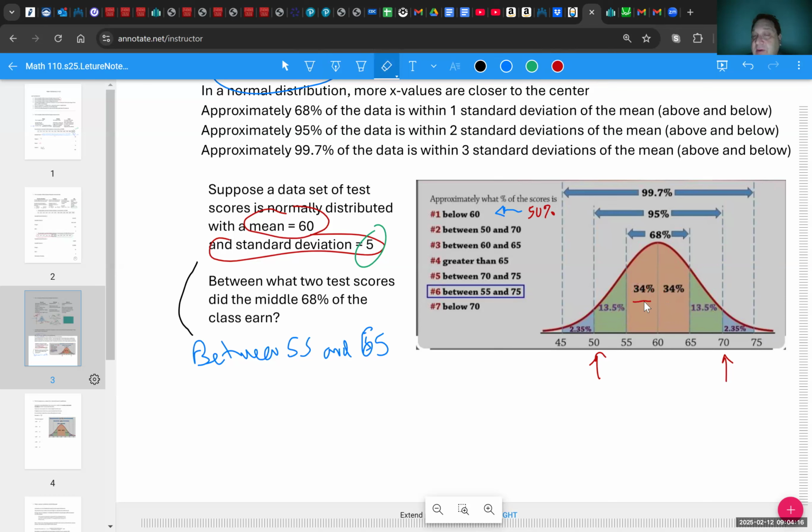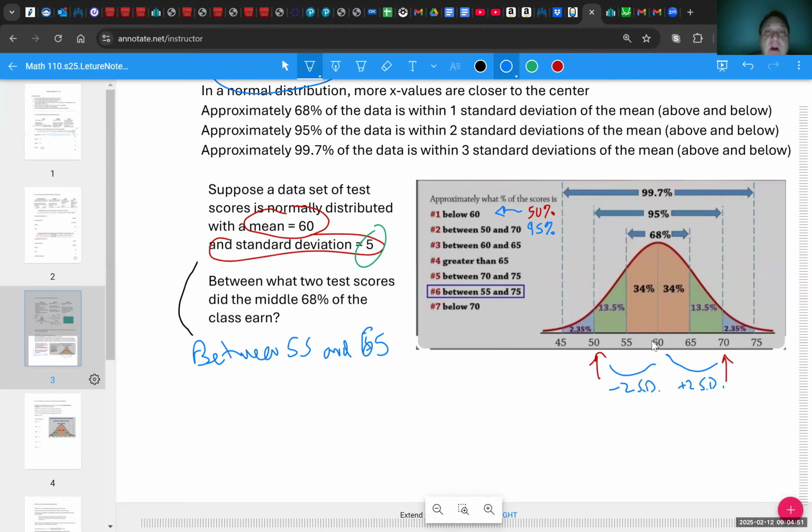But just like we knew that 34 and 34 is 68, the middle plus or minus 1 standard deviation is the 68 in the 68, 95, 99.7% rule. If I do plus or minus 2 standard deviations, this is minus 2 standard deviations, and this is plus 2 standard deviations, that's exactly 95% of the data, because that's what the empirical rule tells us. So we know between 50 and 70 is 95% of the data.